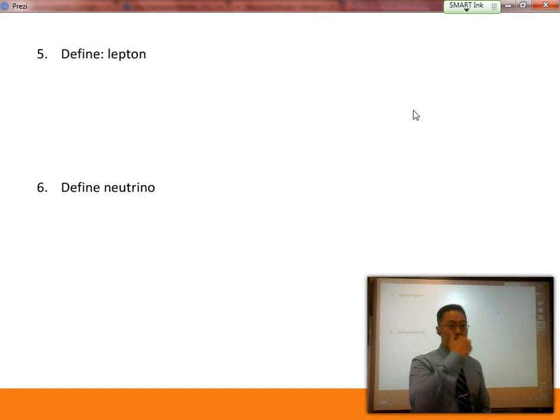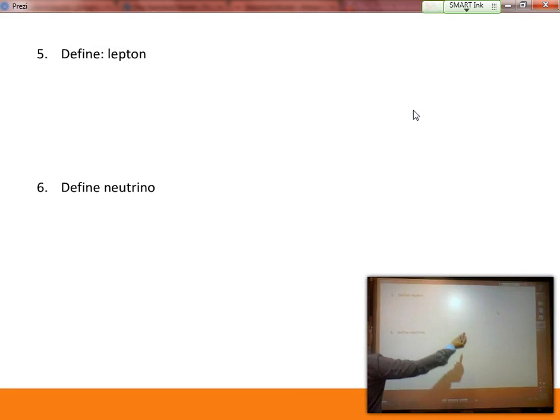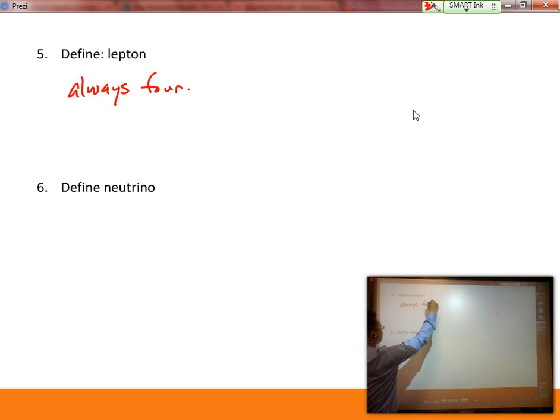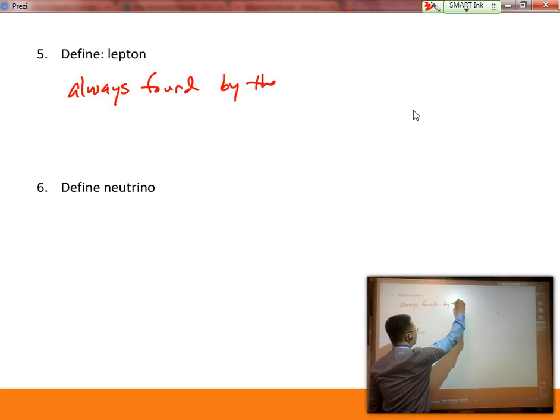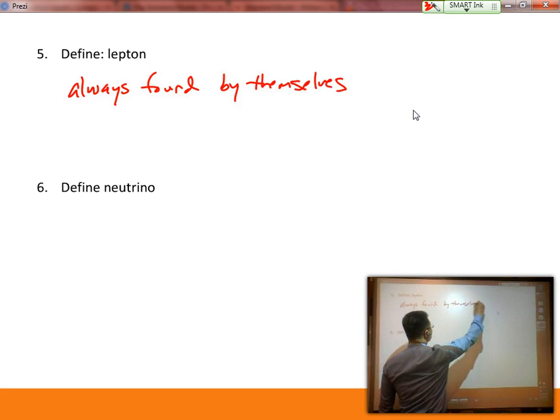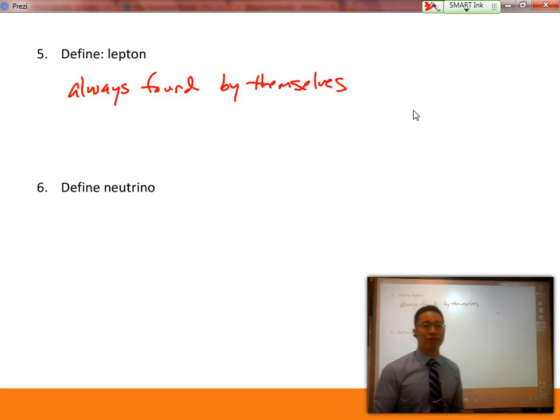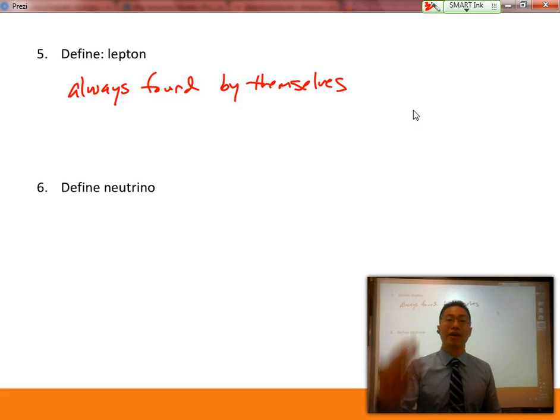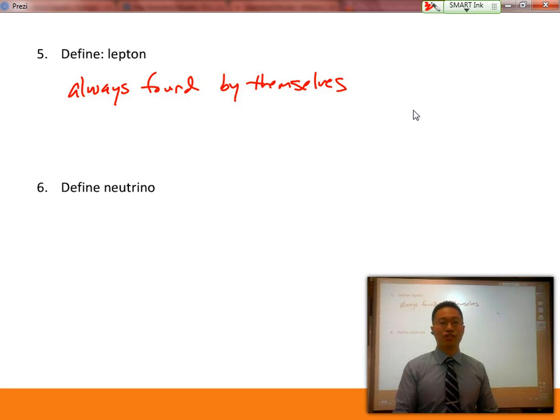Now, most interesting to note, really, is that leptons are always found by themselves. So whenever we talk about the electron as a fundamental particle, it really is a fundamental particle. That electron can't be broken down into smaller pieces, unlike the proton and the neutron. Okay?